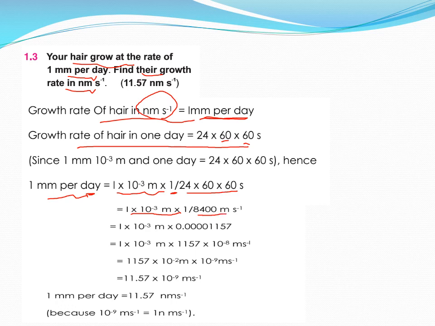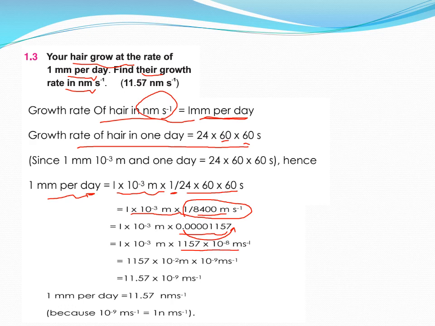Then upon dividing by 86400 we get this much value, and if we convert this value into standard form, we have to take the point here. So how many steps have we jumped towards the right? 8 steps. That's why we can write it as 1157 times 10 to the power -8.